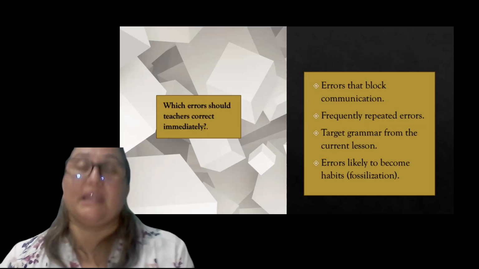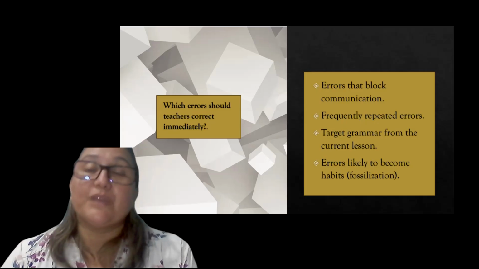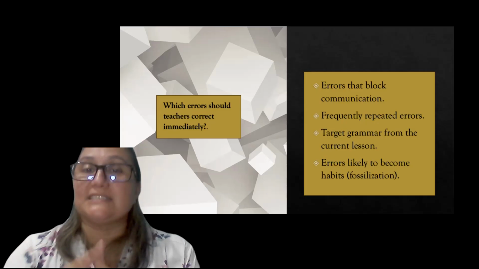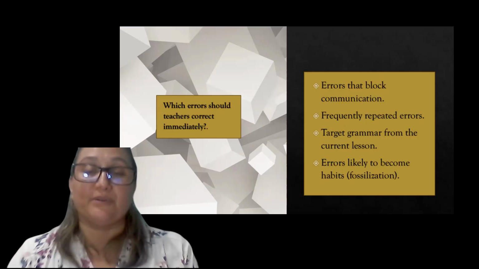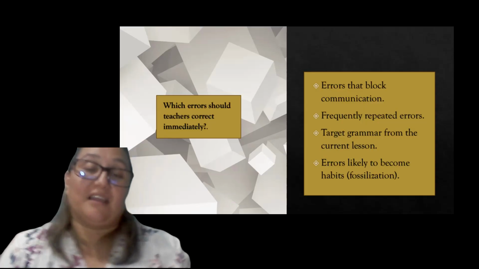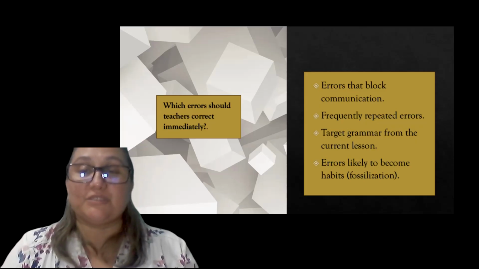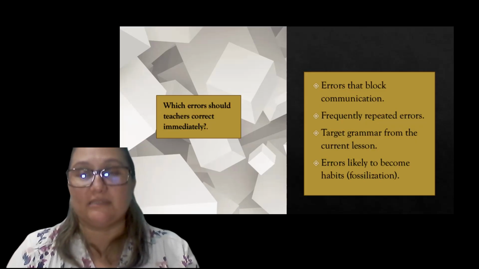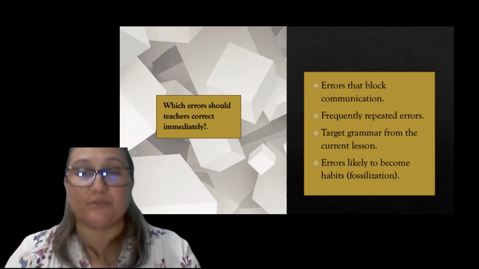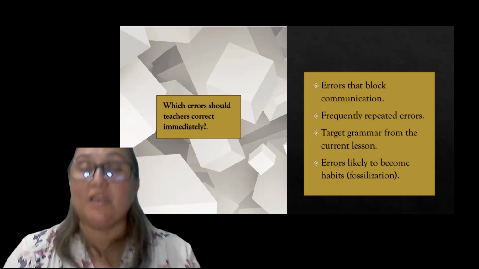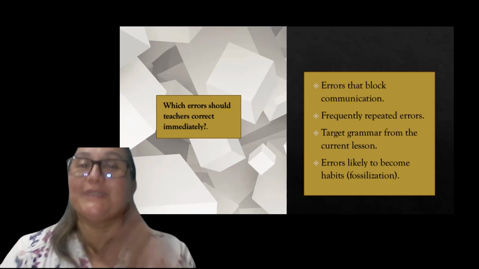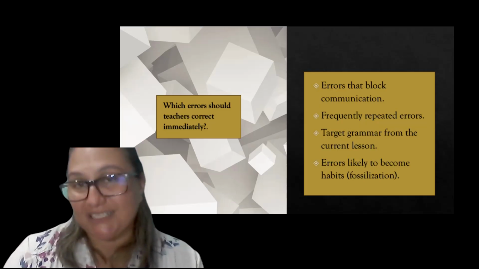Frequently repeated errors. When we notice the same mistake, for example, the word water, if you see the student is pronouncing the word water incorrectly, we can act there and say water.